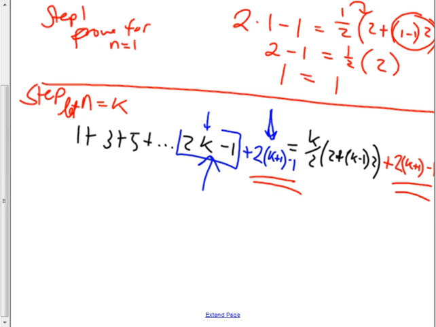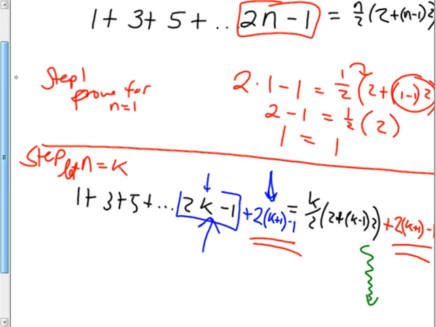To finish it, you would have to take this, and by algebraically manipulating it, a lot of it would come down to if you can factor it, you should, and common denominators and things like that. You could algebraically manipulate it into the original statement again. Back up to the original.